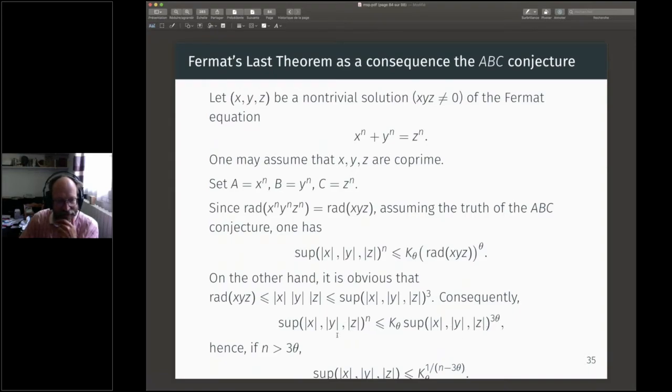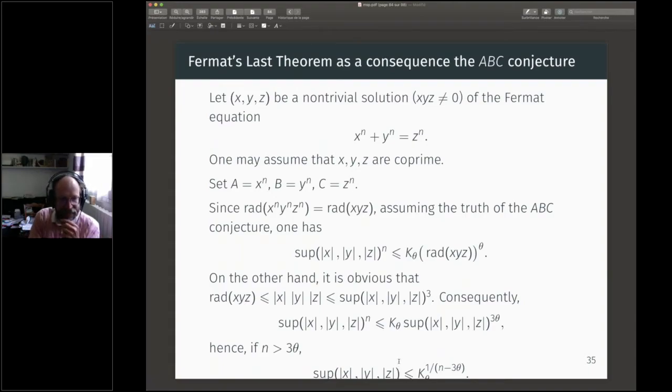And now if n is greater than 3 theta, I get that x, y, z are smaller than this expression, k theta to the 1 divided by n minus 3 theta. And here you see that if n is large enough, this constant k theta to some exponent, which goes smaller and smaller, eventually it will be strictly smaller than 2, and so that shows that x, y, z are very small.